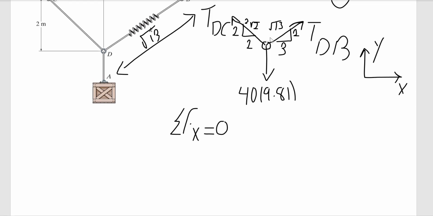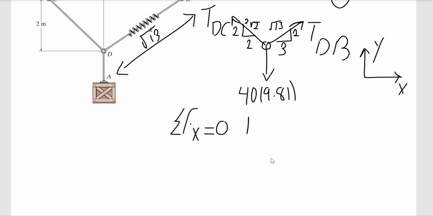These 2 forces are going to have a component in x direction. This force TdB is going to have a positive component, TdC is going to have a negative component. The component of TdB would be TdB times 3 over square root of 13 if I'm interested in the horizontal component.